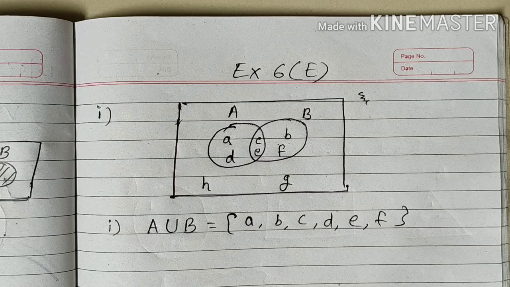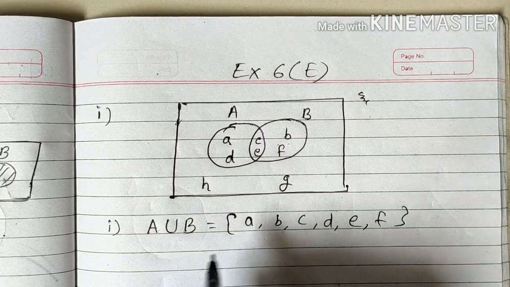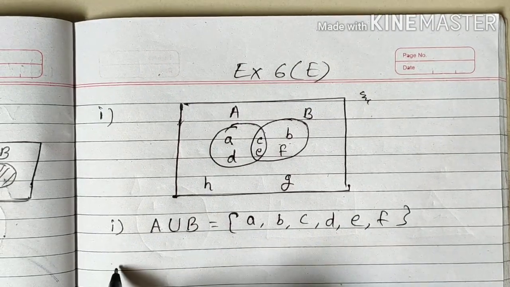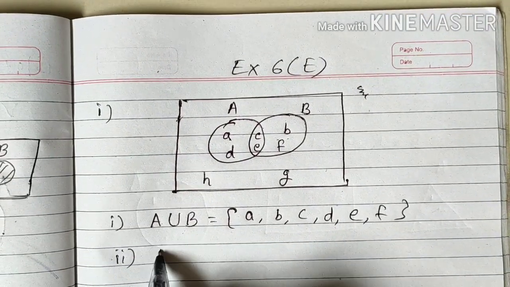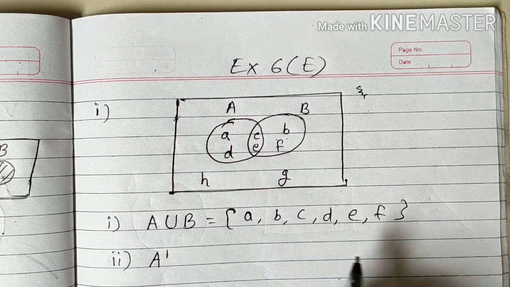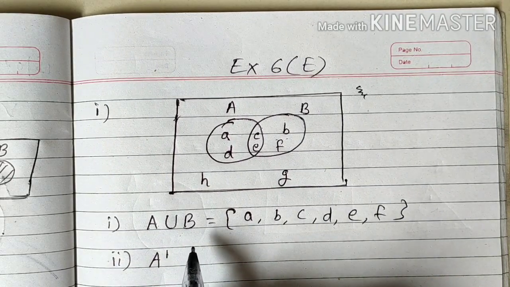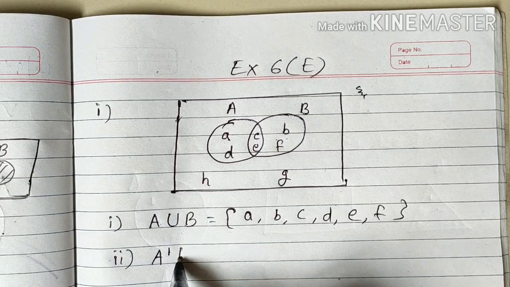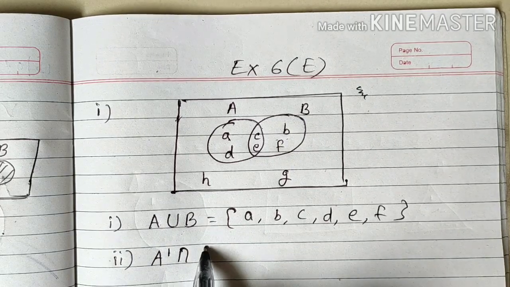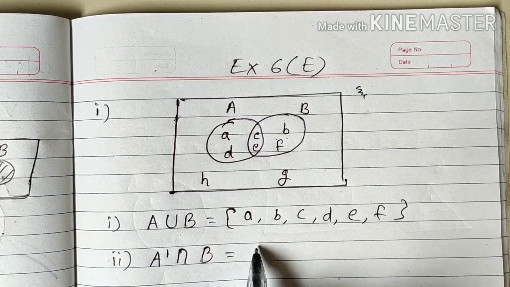Next, what is the second thing that we want to represent? Second, A complement intersection with B.